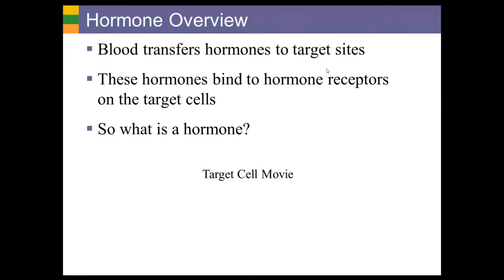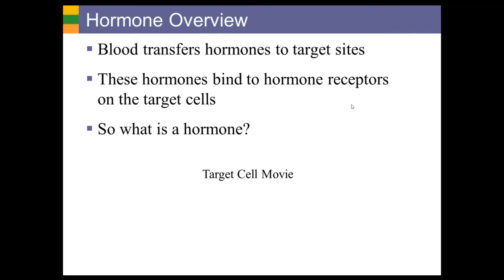Cells that have specific receptors for that hormone are called target cells, because that hormone is able to target that cell and cause that cell to make changes. Okay? Hormones can only impact cells that have receptors for that specific hormone.